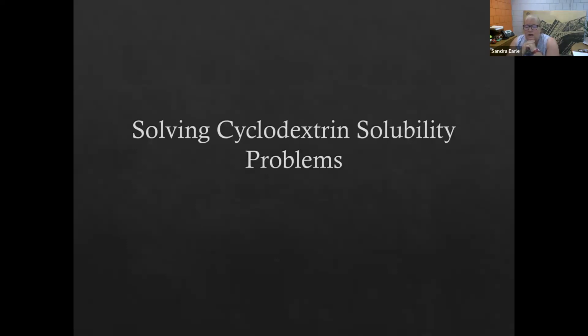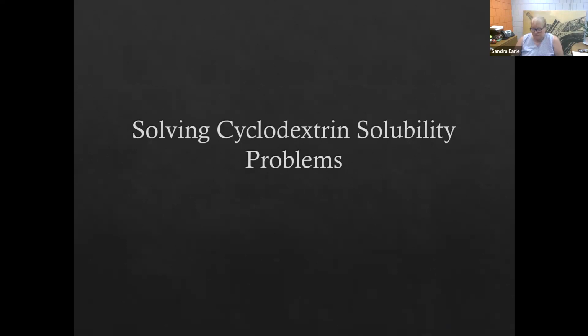We can know how much cyclodextrin we need to add in order to have the concentration that we want of a particular drug, as long as we understand the relationship between the cyclodextrin and solubility. So first thing we're going to do is solve these cyclodextrin solubility problems using the linear approach.